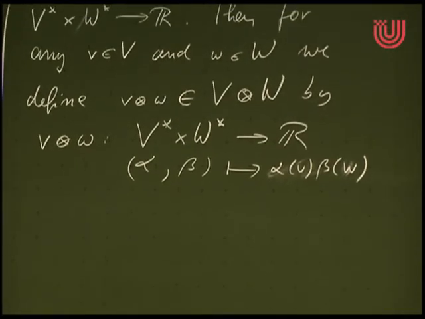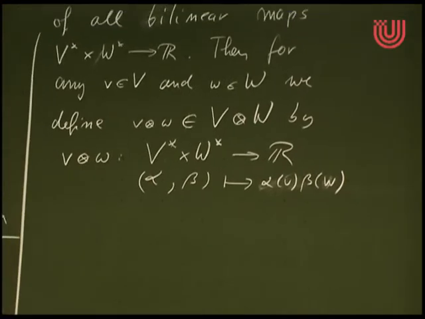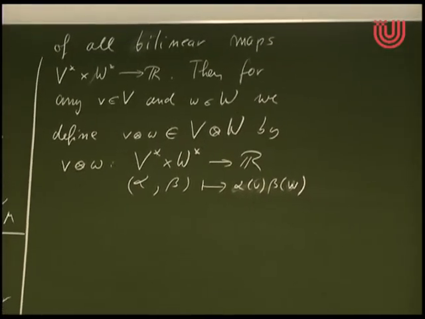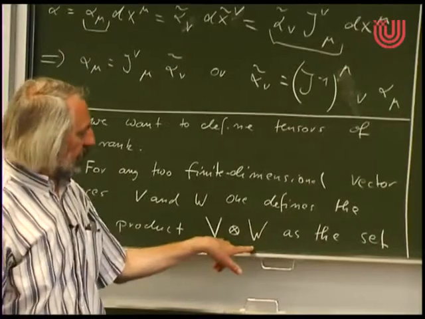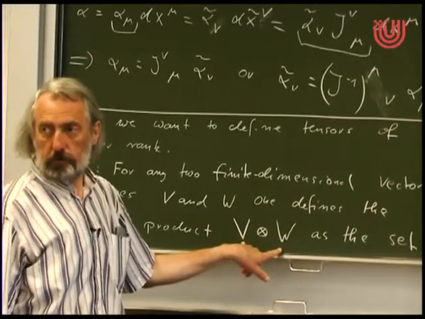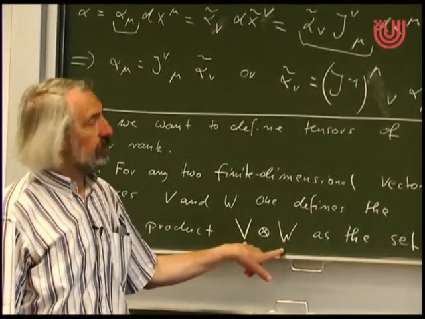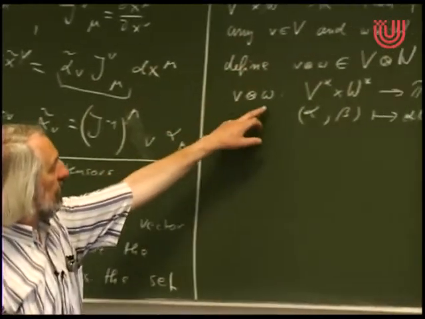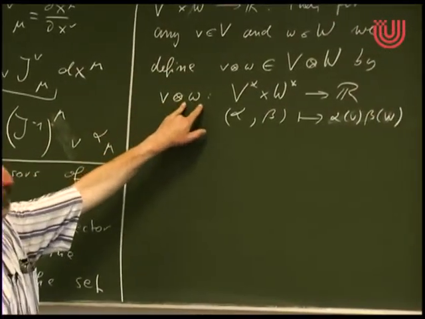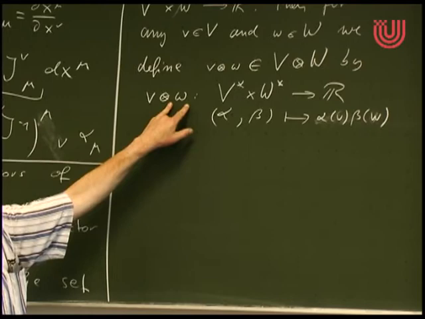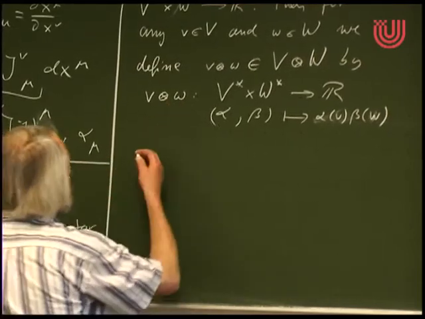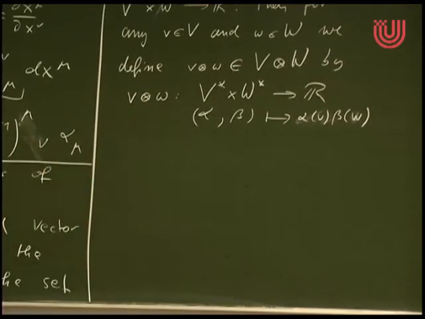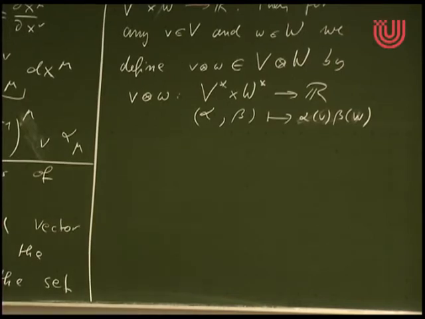So with this construction, it's fairly easy to show that the tensor product is again a vector space, and that the dimension is a product of the dimensions of the individual spaces. Namely, you can build a basis out of a basis on V and a basis of W just by using tensor products. So it's not difficult to show, but it's boring, so I don't want to waste any time on this.